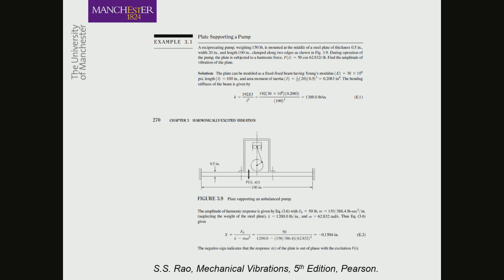I will tell you next week a bit more detail. But if you are forcing upwards and the mass is going down, they are out of phase by 180 degrees. So in this kind of case, you may have a negative magnification factor. I just wanted to highlight this, since it was a question of one of my previous students, and probably one of you could have the same question.